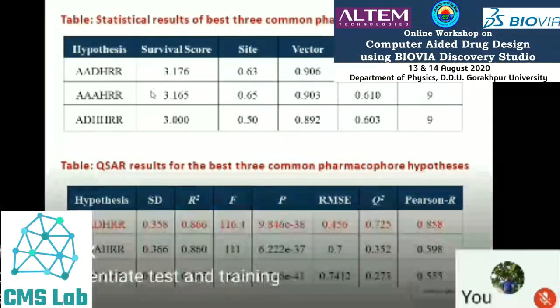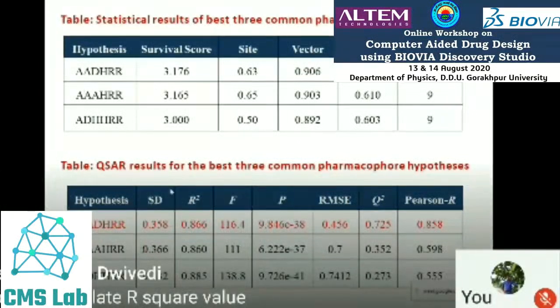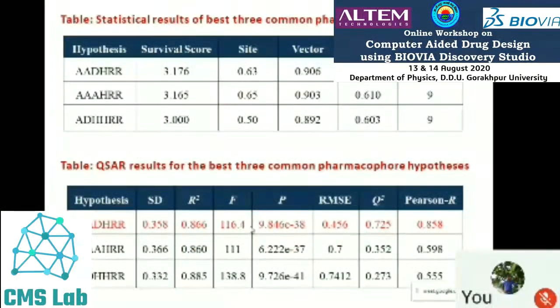One of the best models is AADHHR, which is highlighted in red. We use this hypothesis to develop a QSAR model.